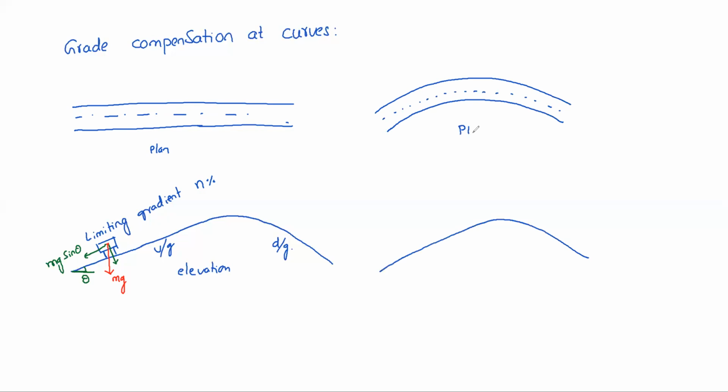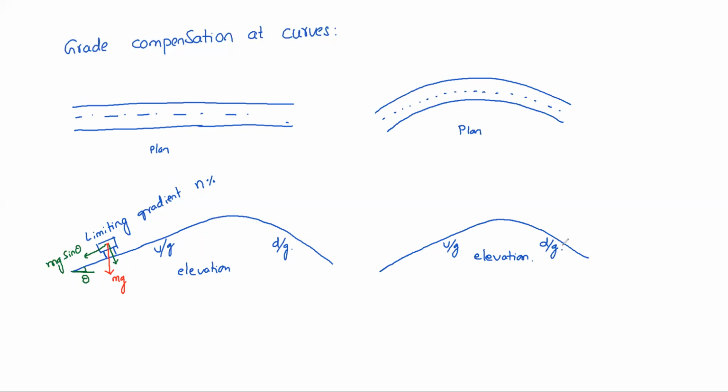This is the plan. This is the elevation. So both curve as well as gradient are there. This is the up gradient. This is the down gradient.